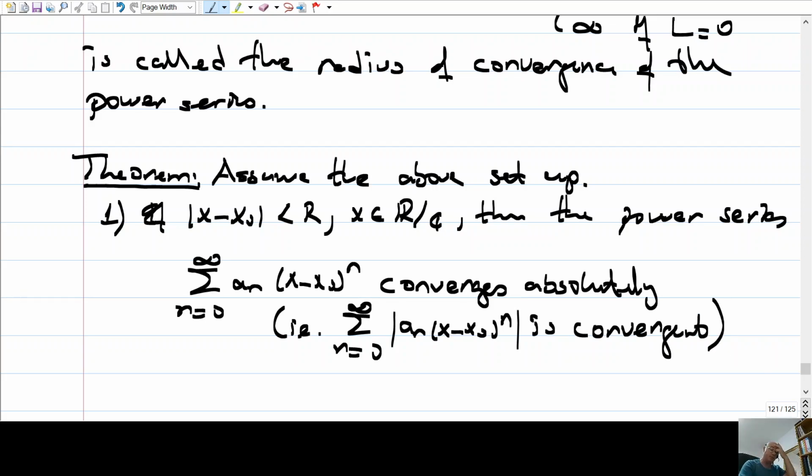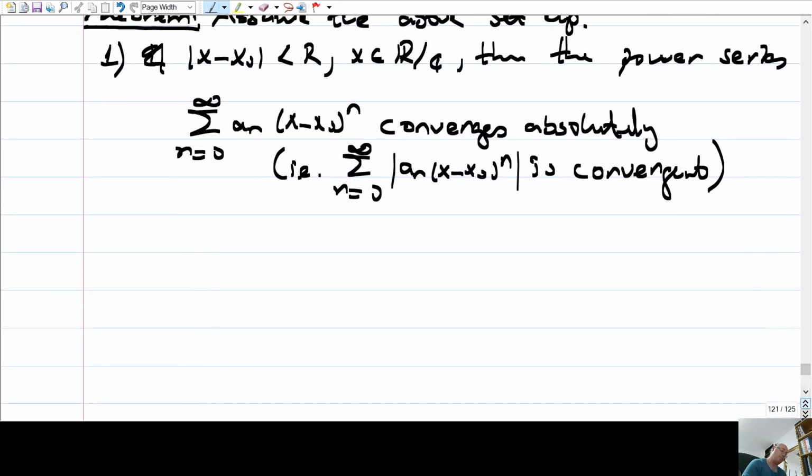So absolute values, or in case they are complex numbers, norms of these complex numbers added up converges. If it is convergent, then we say that the series converges absolutely. And of course, if it converges absolutely, then it is convergent.